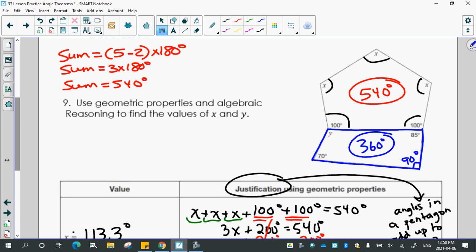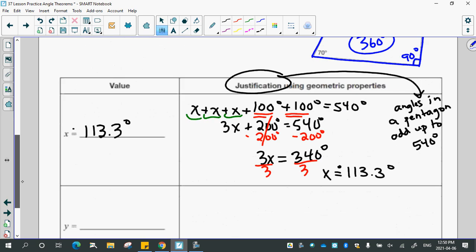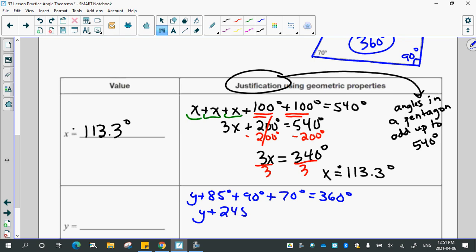Okay, so it's easy to make an equation then. Y plus 85 degrees plus 90 degrees plus 70 degrees adds up to 360. So that gives you 245 degrees.